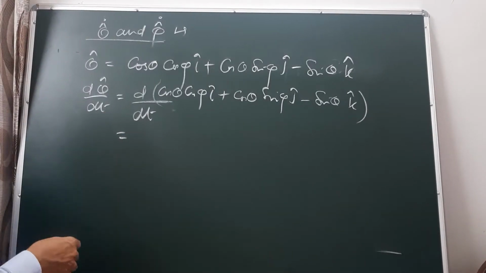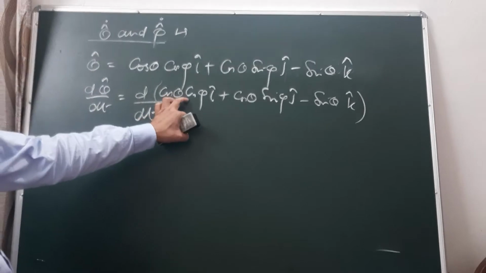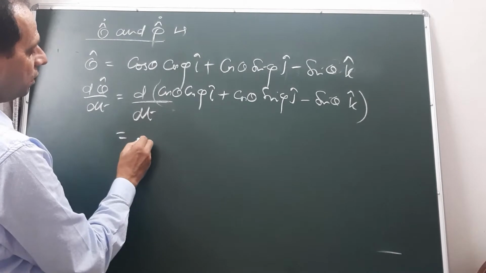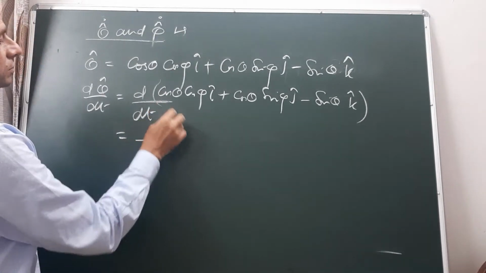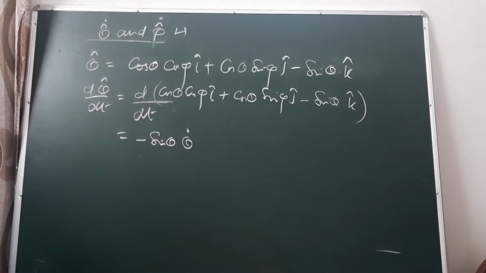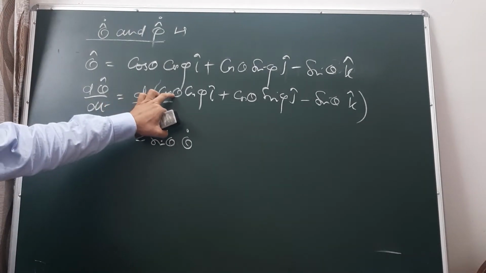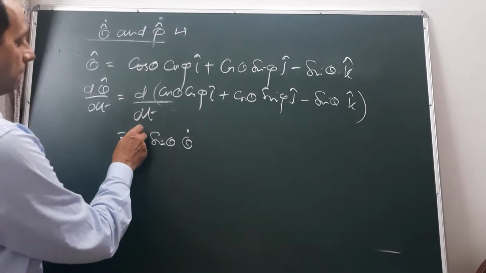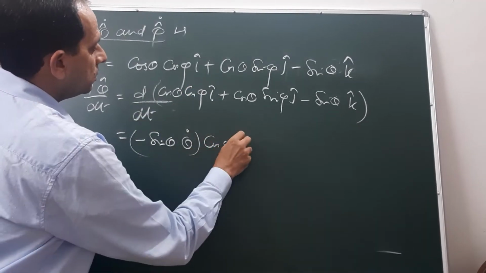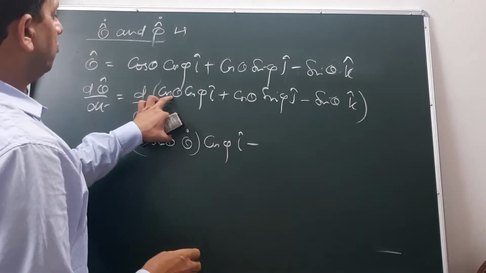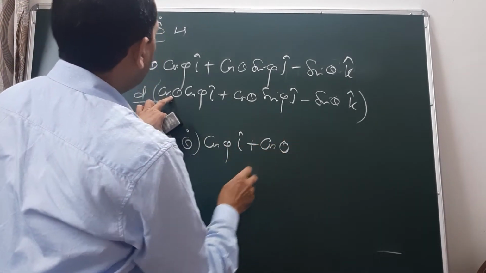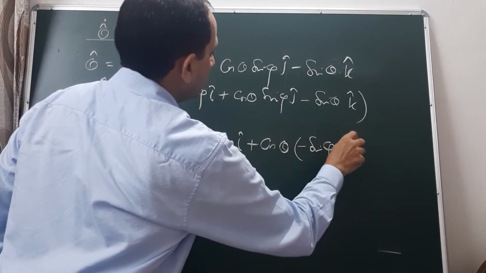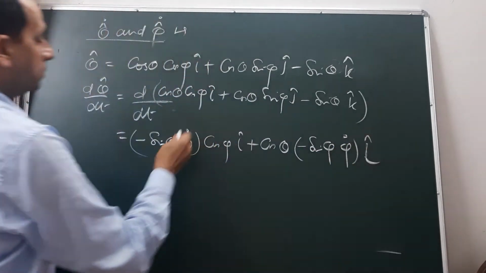We know that the derivative of the first term, cos theta, is minus sin theta, and d theta upon dt is called theta dot, into cos phi i. Similarly, the first term cos theta stays as it is, and the derivative of cos phi is again minus sin phi, phi dot, into i.